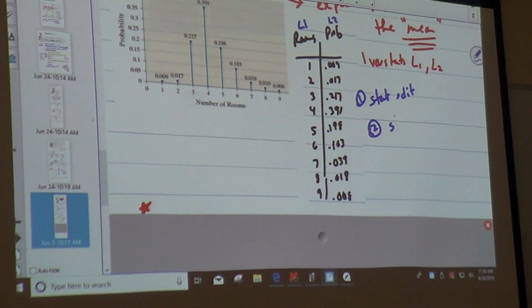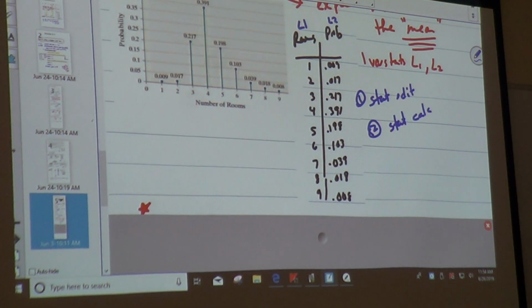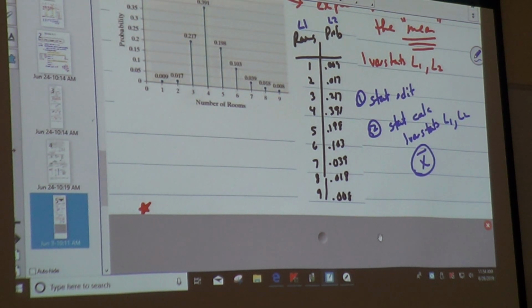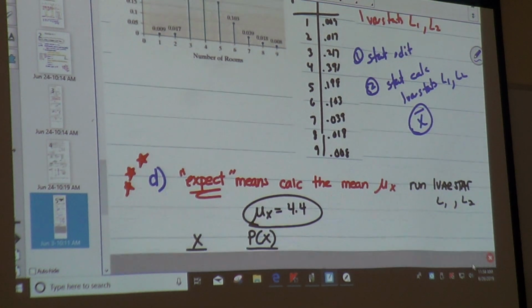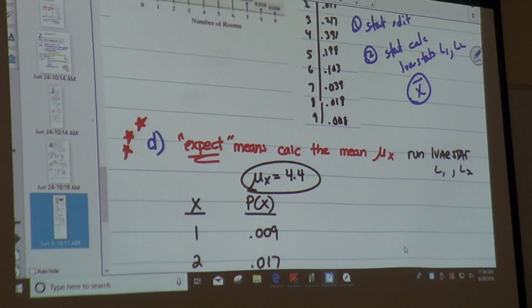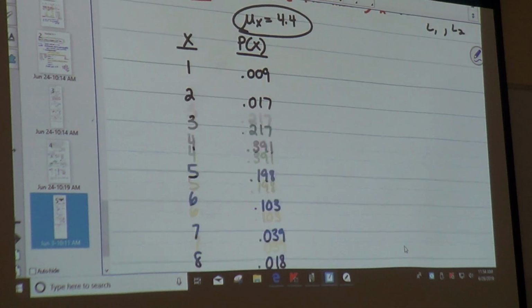Then I'm going to do stat calc, 1 var stats, and I'm going to do my L1, L2, and all I'm going to be looking for is my mean. And down here I actually have it written even bigger.